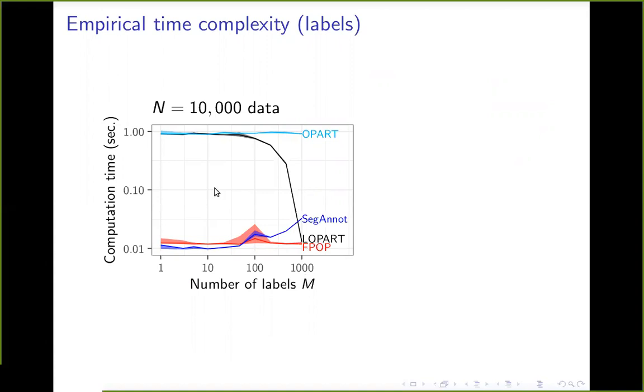With very few labels, it's about the same computation time as OPART. But with a lot of labels, it starts to get just as fast as this FPOP algorithm, which is a really fast way of computing this optimal segmentation. That's really interesting. It can actually be even faster than the previous SegAnnot algorithm when you have a lot of labels.